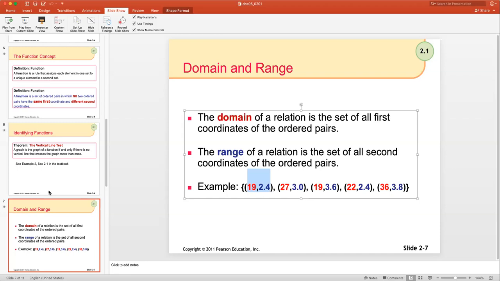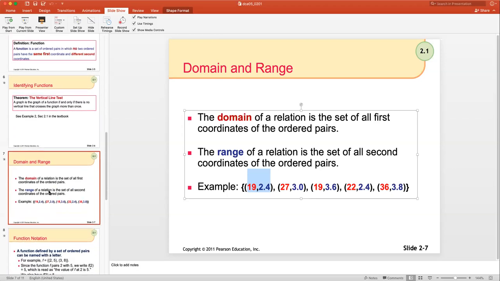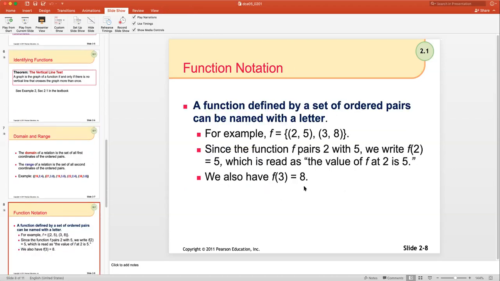So now move to the next slide. A function defined by a set of ordered pairs can be named with a letter. Yeah, so before studying function notation, let's go back to the textbook to see examples of domain and range, okay? And then I'm going to explain function notation.